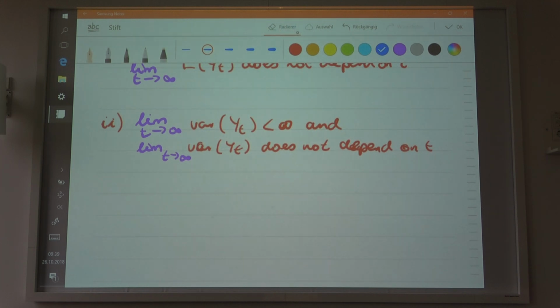And of course you also have the asymptotic time independence of the covariance.